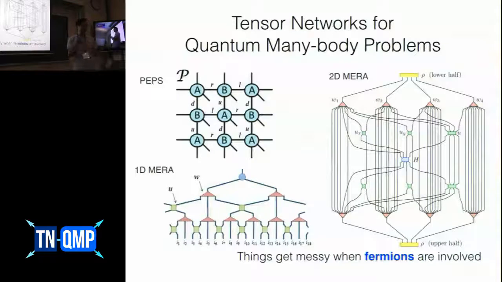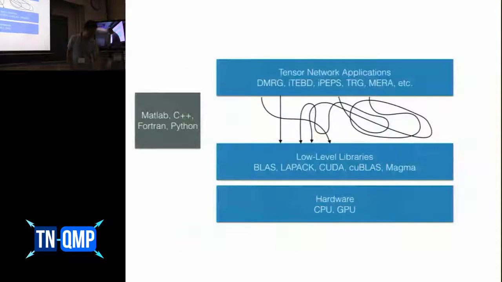Okay? So basically, we started programming MERA, and my student got very frustrated, and he decided to build a library. So this is where this intent comes from. We want to program these algorithms, and you can use your favorite programming language. A lot of people use MATLAB. Some people use C++. You can do it in Fortran, no problem.